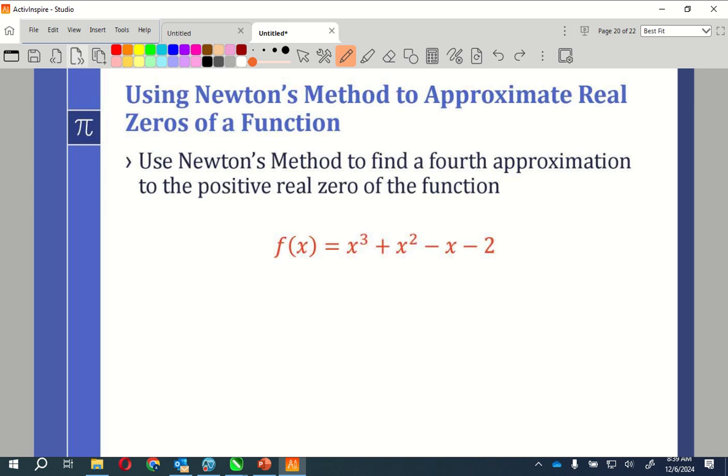So I could try and do it mentally. We're going to just use integers for this.